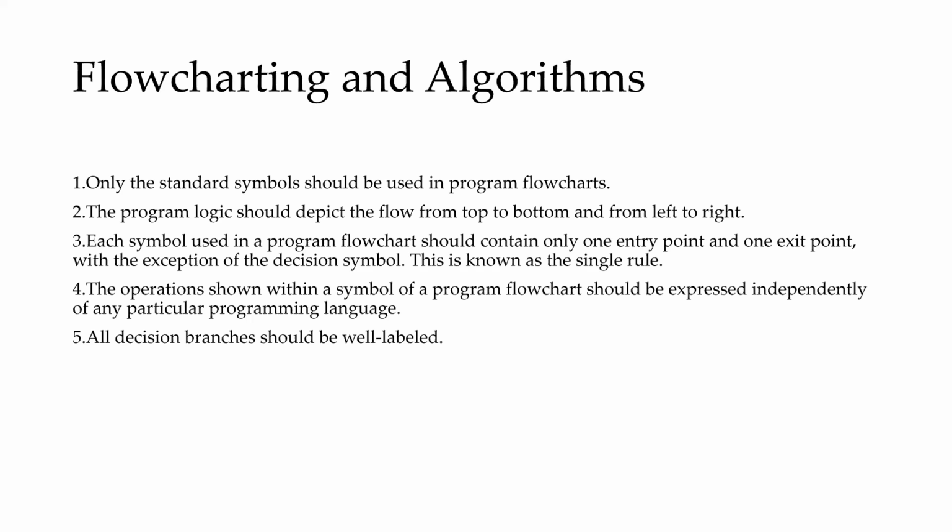Each symbol used in a program flowchart should contain only one entry point and one exit point, with the exception of the decision symbol. This is known as a single flow. Actually, if you are trying to solve multiple problems in the same algorithm, you will possibly struggle to create this flowchart.